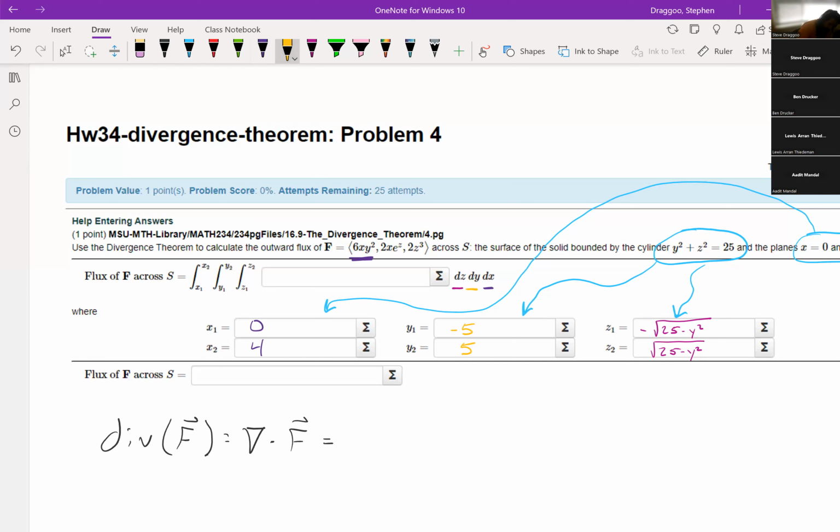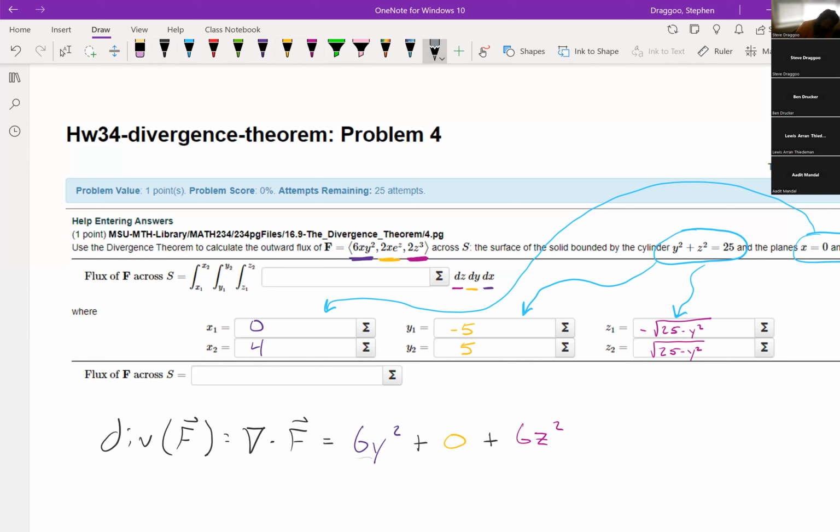I'll color code these again: a purple piece, a yellow piece, a magenta piece. We need the derivative of the x component, which is 6y squared, plus the derivative of the y component. The y component has no dependency on y, though, so its piece of the divergence is 0. And then finally, 2z cubed has a partial derivative of 6z squared.